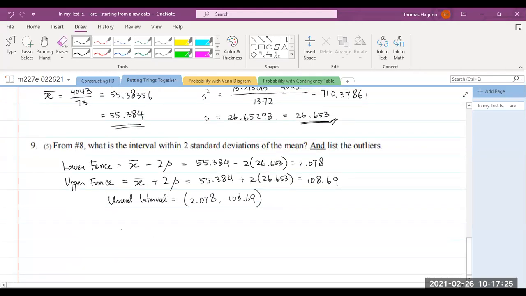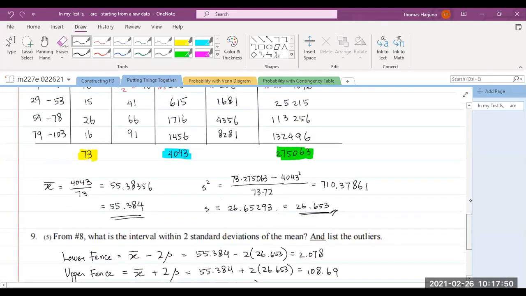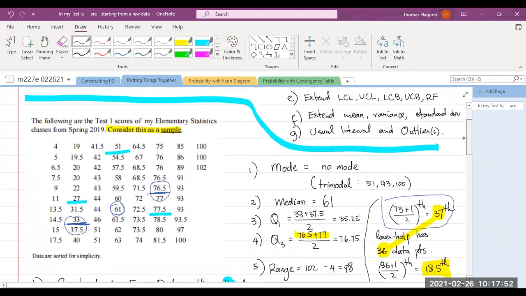Now, how about the outliers? Now you will compare this interval, from 2.078 up to 108.69, with the original raw data.